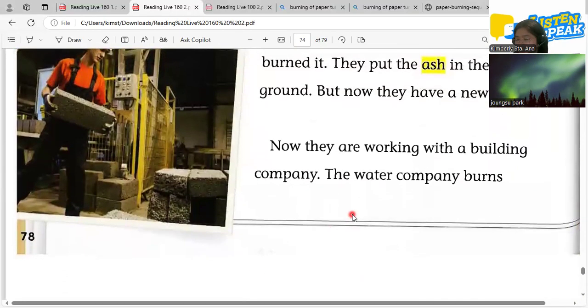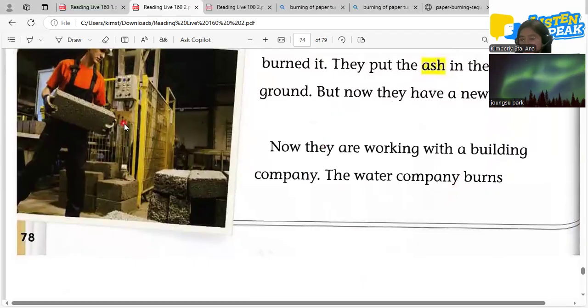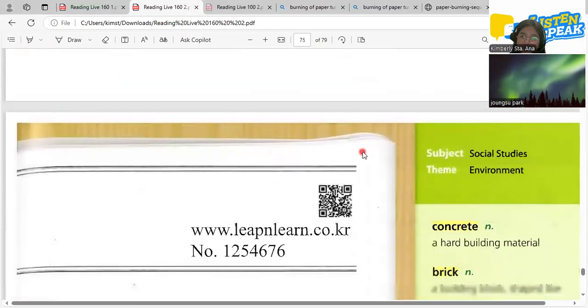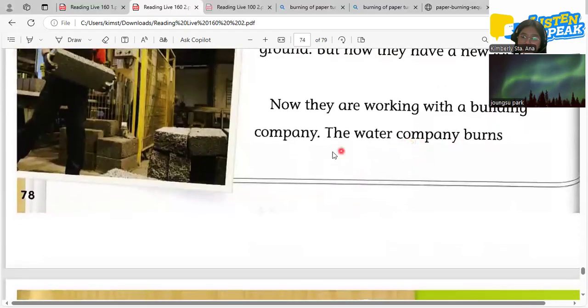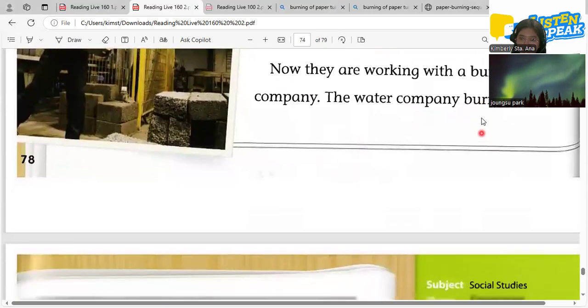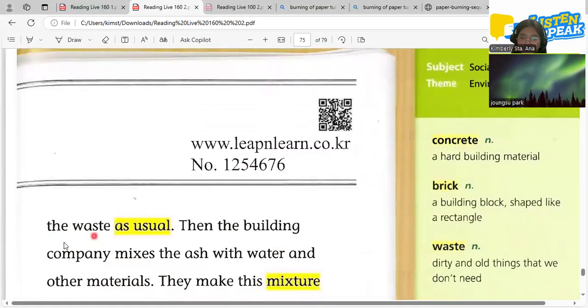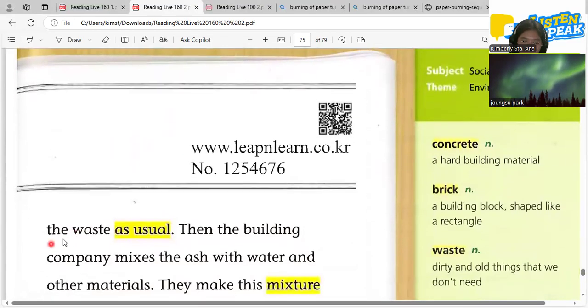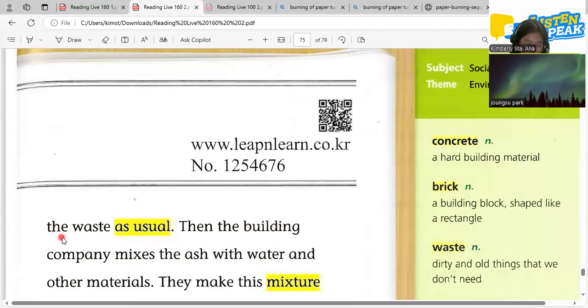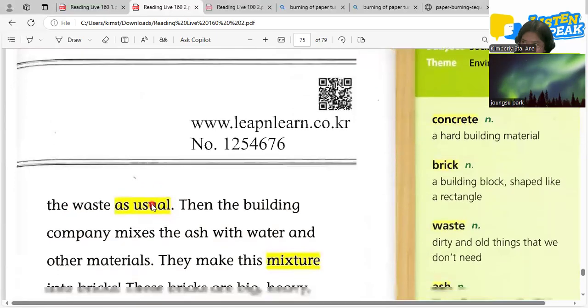Okay, so here, this is their new idea, but still they do the same first step. What's the first step? They burn what? What do they burn, Jimin? They burn the waste as usual.